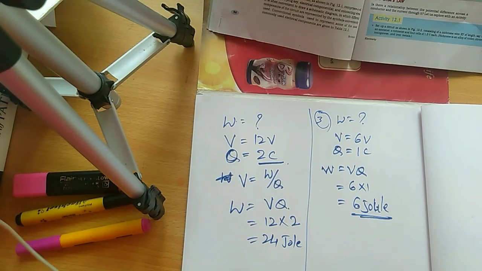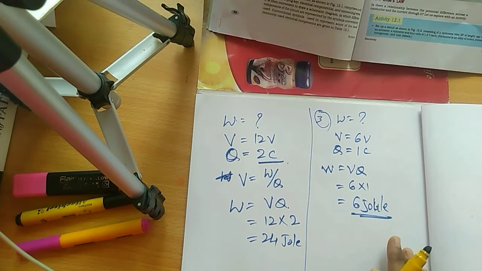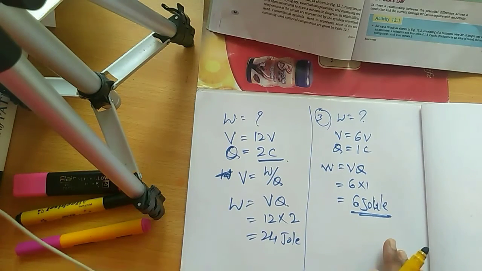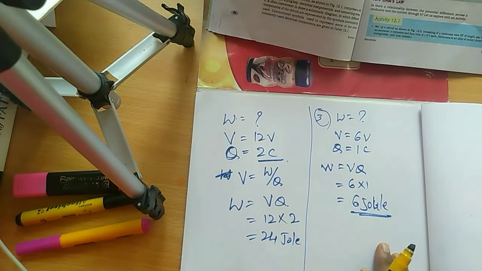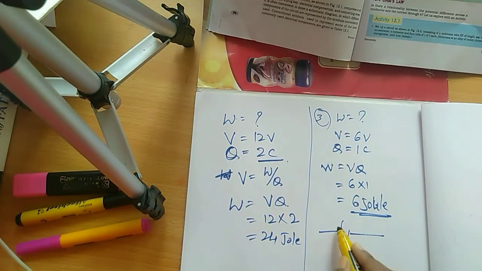Okay, some electric components they gave. How can you show the electric components symbolically? Here is the electric battery or electric cell and a plug key. How can you know it is a battery? If you write like this, it is a battery. It is a plus and a minus symbolically.